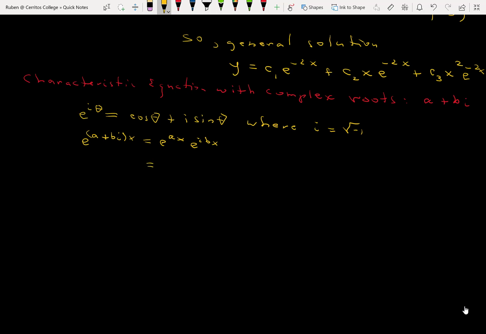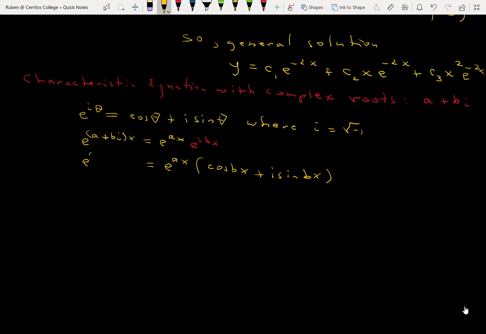But Euler's formula tells us how to deal with the complex portion of this, the e to the i bx, and that says that this equals e to the ax times cosine bx plus i times the sine of bx. Okay, so this is basically the identity we're going to need.